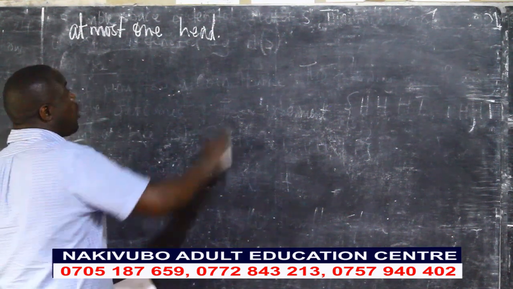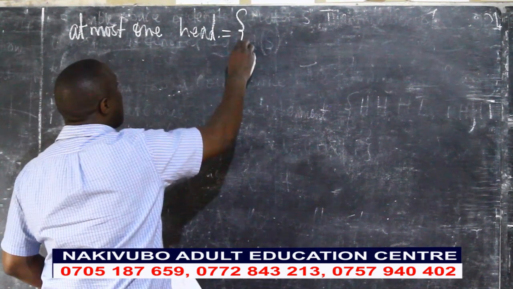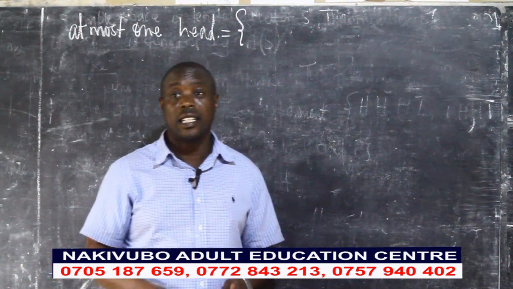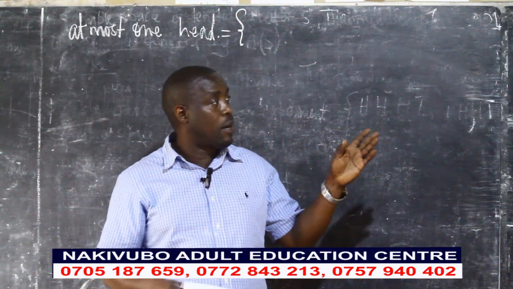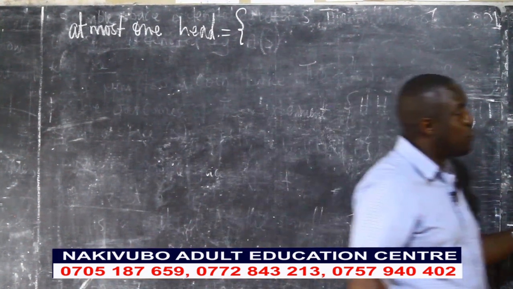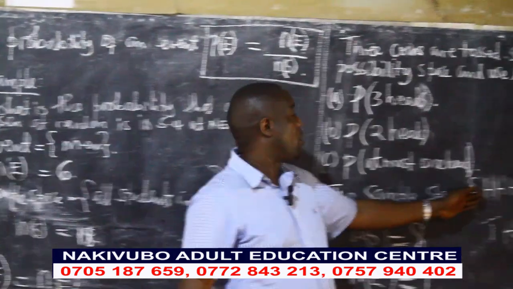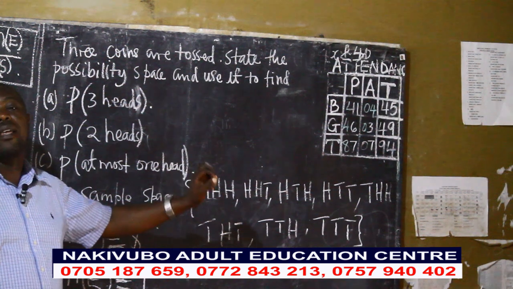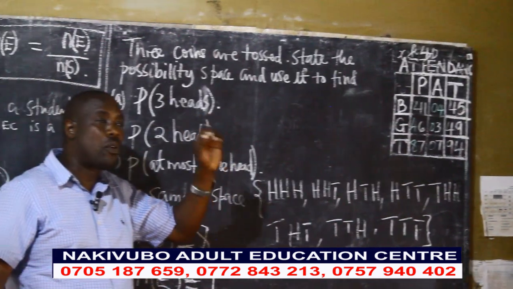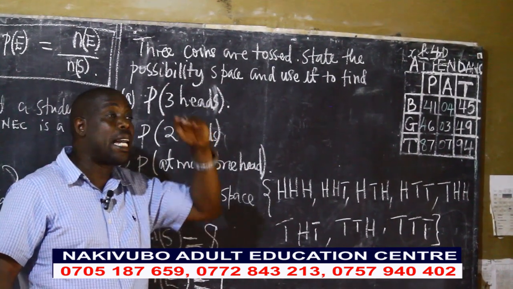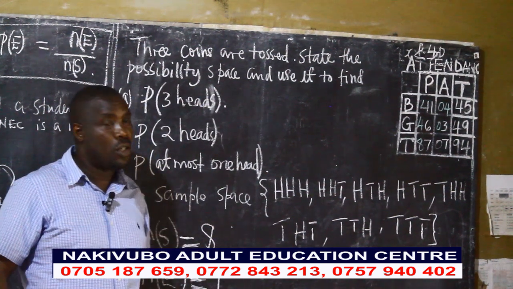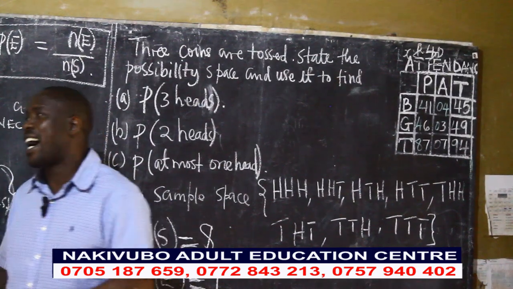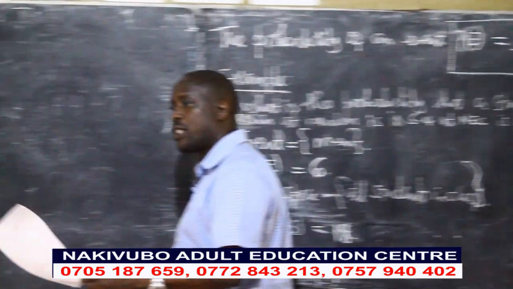Here we want the biggest number to be one head. Is that clear? So you go back in the sample space and look for those occurrences where you have at most one head. That means one head or no head.